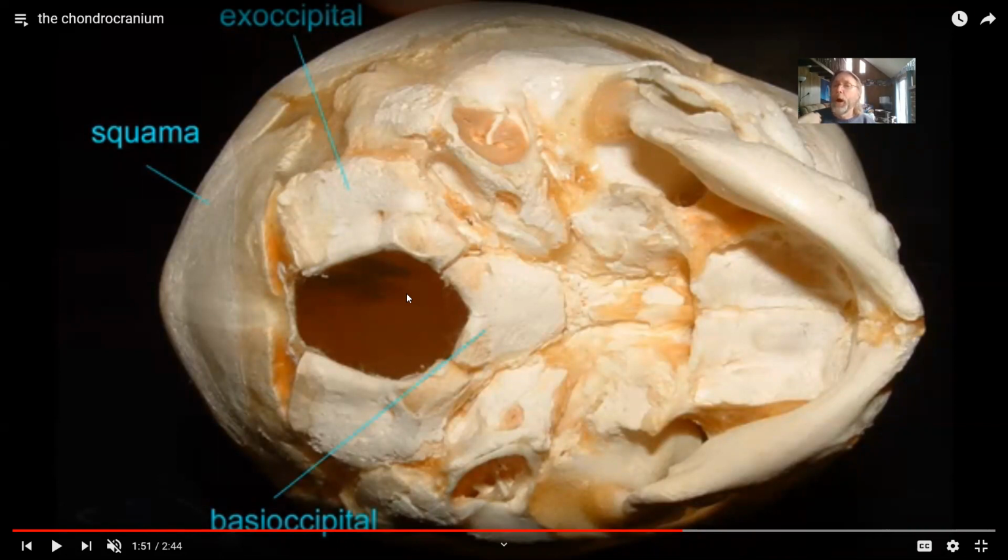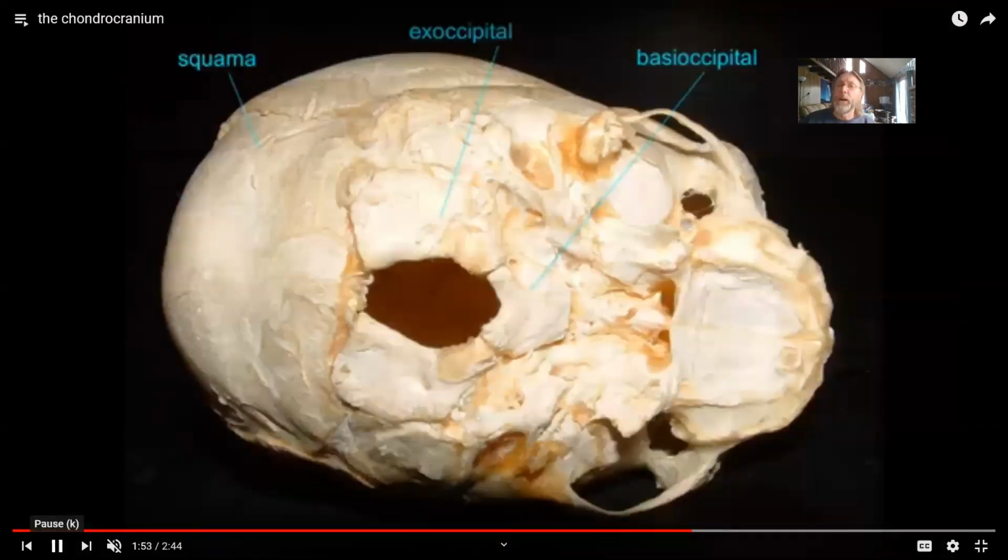And the answer is both. So the next section of the skull is made of those portions of the skull which start off as bone and just remain bone. But then there are regions of the skull that start off as cartilage from the chondrocranium and then become bone.